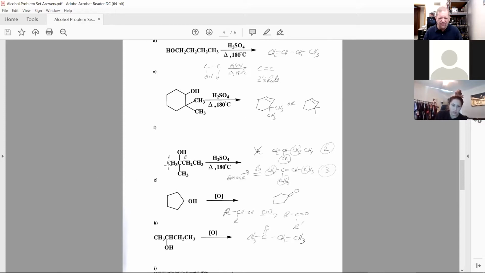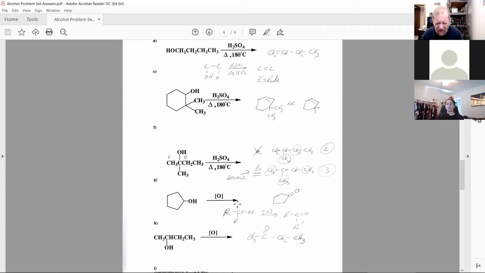If we have F, here's the hydroxyl group. I have a hydrogen on A. If I lose that hydrogen and the hydroxyl group, I form compound A with the X through it. If I lose the hydroxyl group and hydrogen B, I form compound B, this alkene.